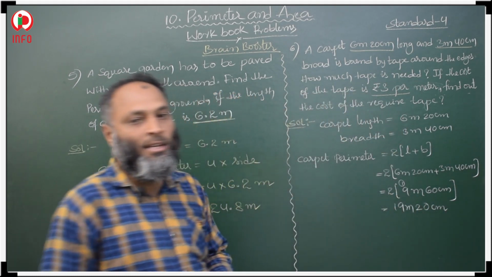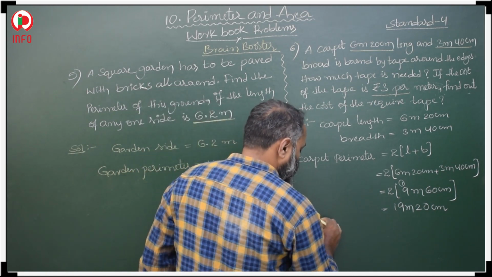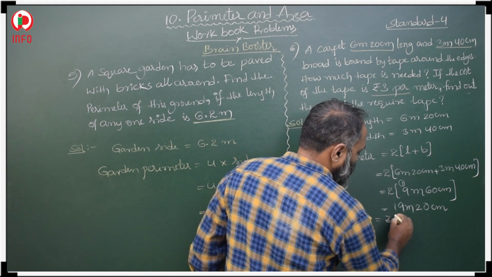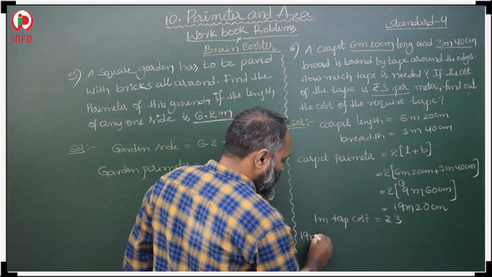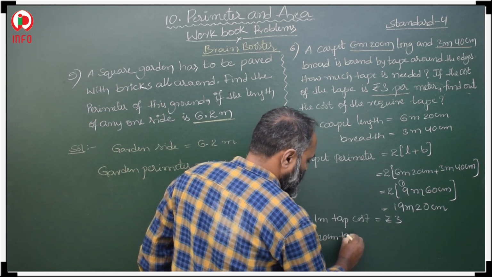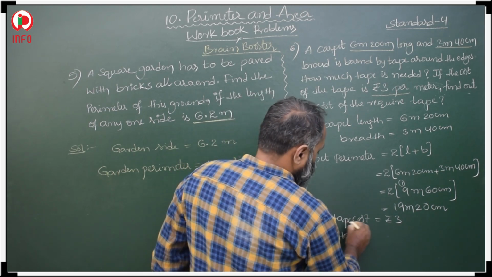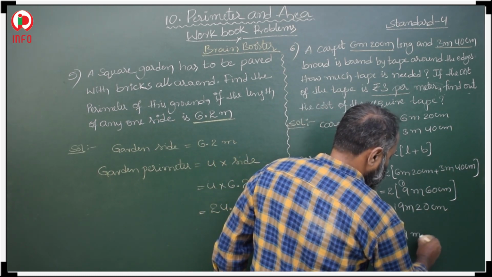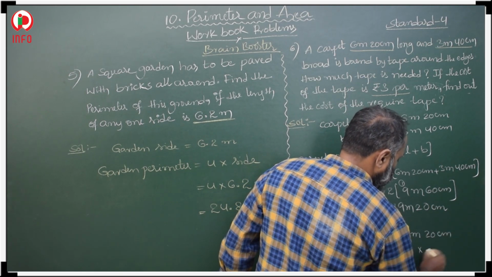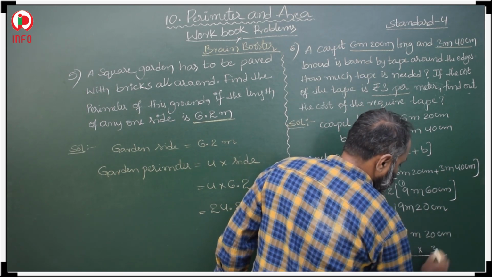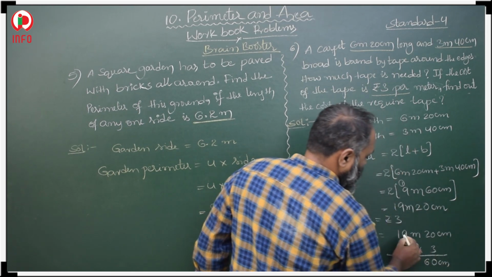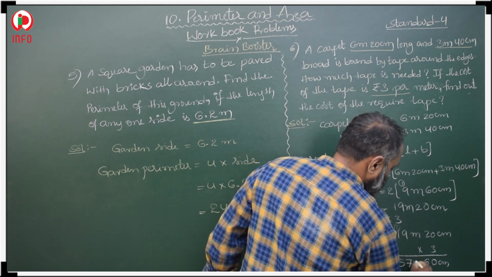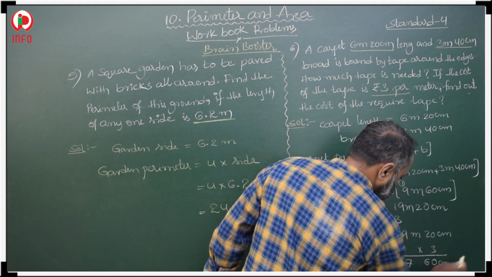20 centimeters. So after that, 1 meter of tape costs rupees 3. Then the cost of 19 meters 20 centimeters of tape is equal to 19 meters 20 centimeters multiplied by 3. 3 zeros are 0, 3 twos are 6, 60. 9, 3 nines are 27, 2, 3 ones are 3, 5. 57, not meters, these are in rupees.